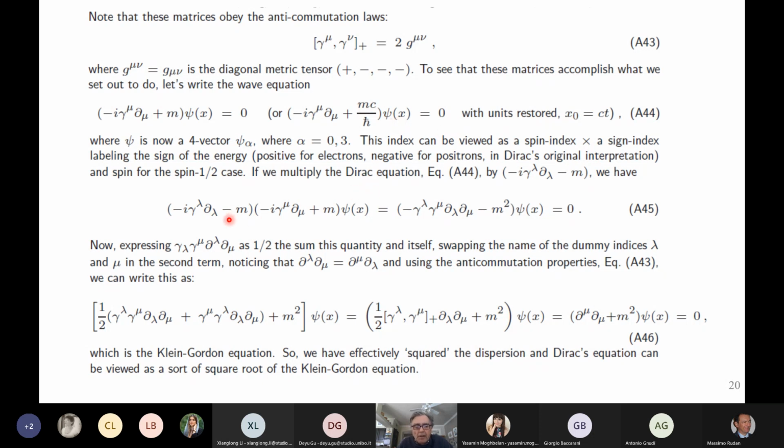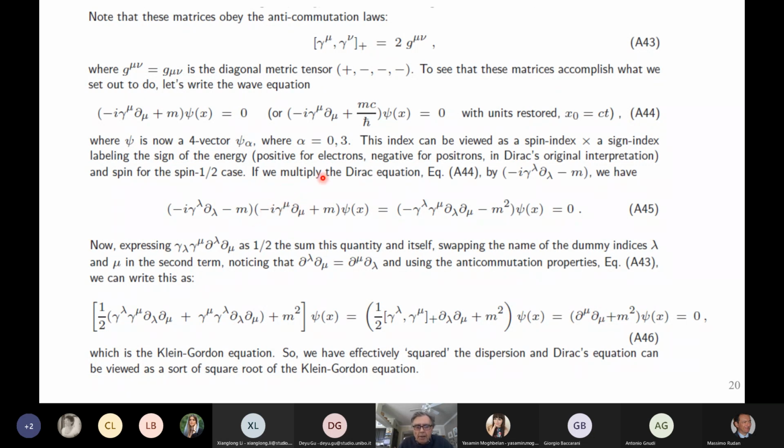Anyway, we can see that if I take this expression and multiply it by the expression in which I change the sign here, I recover, with a little bit of manipulation, the Klein-Gordon equation. So indeed, the Dirac equation is, in some creative interpretation, the square root of the Klein-Gordon equation.